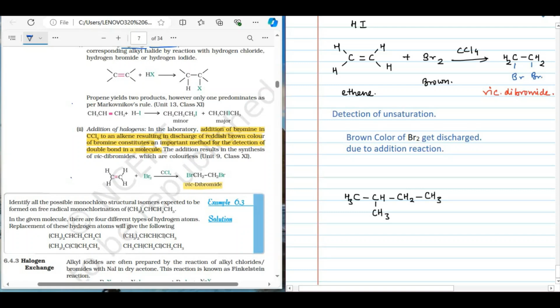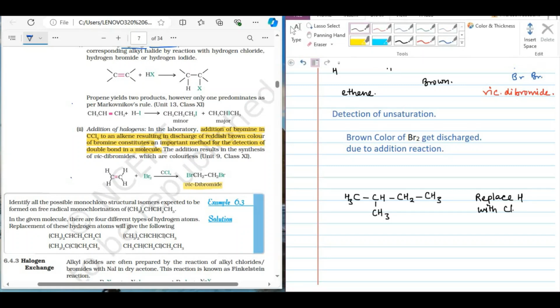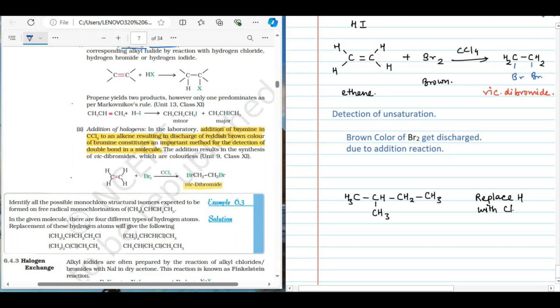So in case of monochlorination, you have to replace hydrogen with chlorine. So here you have to replace H with Cl. So identify how many types of hydrogens are there. These are the primary hydrogens, this hydrogen, this and this hydrogen.